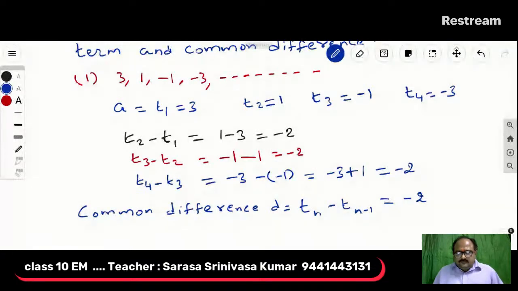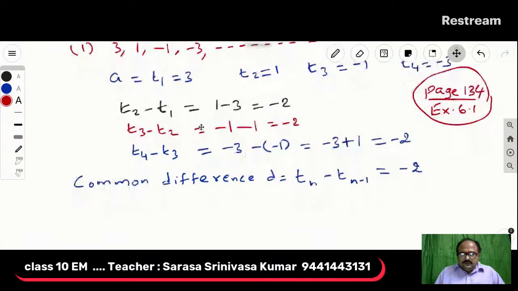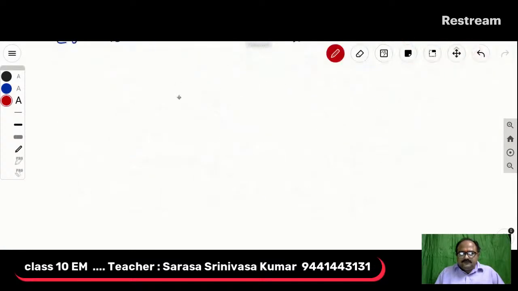Once again I am reminding, this is from page number 134 of exercise 6.1 from the textbook. These problems are explained from a textbook. Now the second problem.